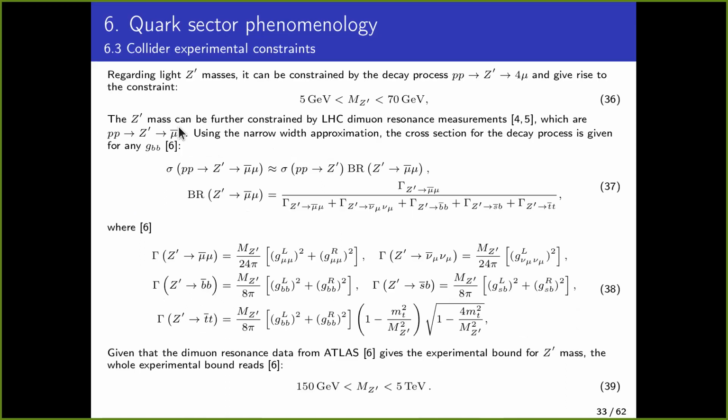The light Z prime mass can be constrained by the decay process PP to Z prime to fermions, as I told you in the lepton sector, so we avoid this constraint. The Z prime mass can also be further constrained by the LHC dimuon resonance measurement, which is PP to Z prime to mu mu, using the narrow width approximation.